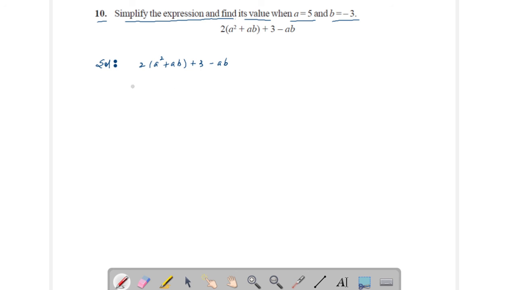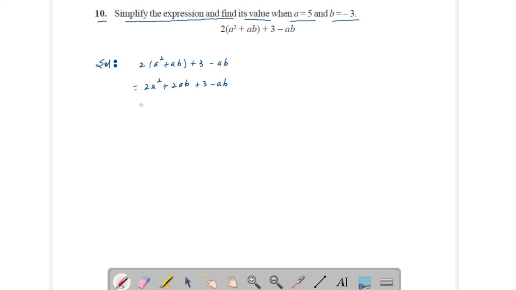Here open the bracket. You will get 2a square plus 2ab plus 3 minus ab.